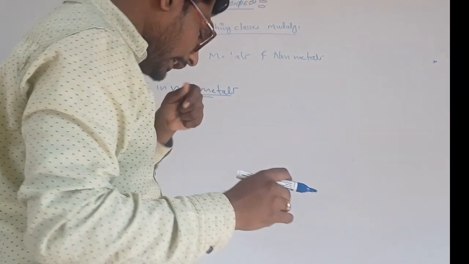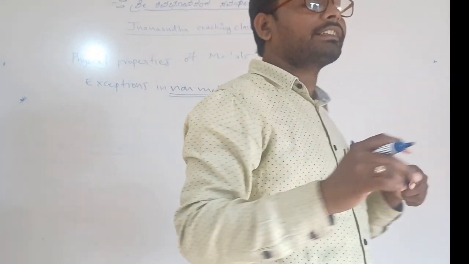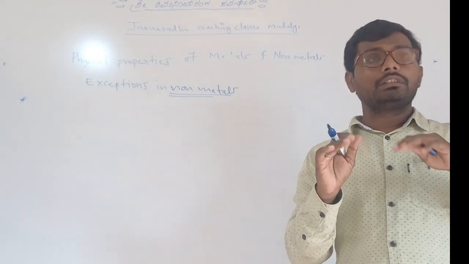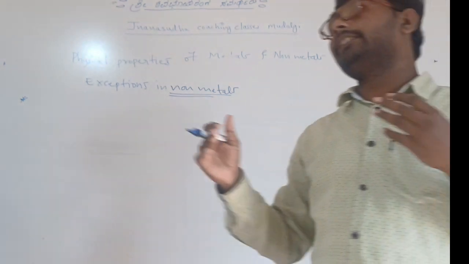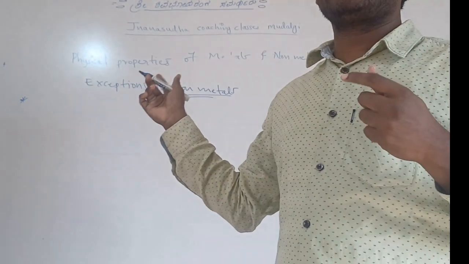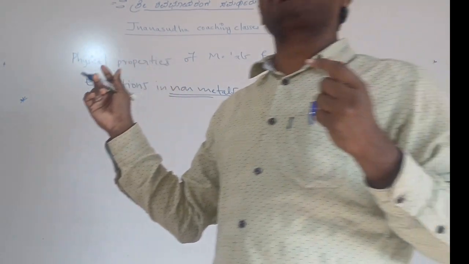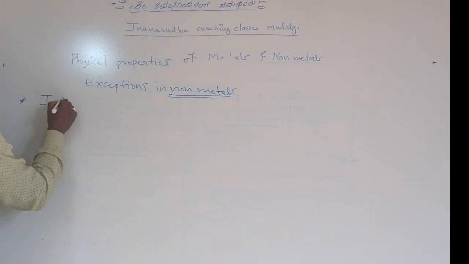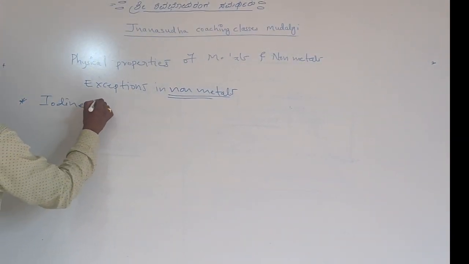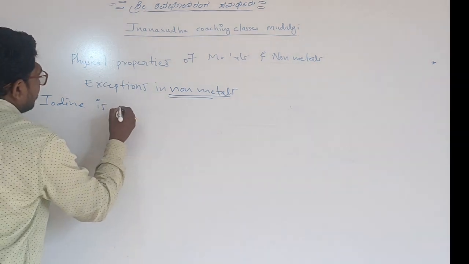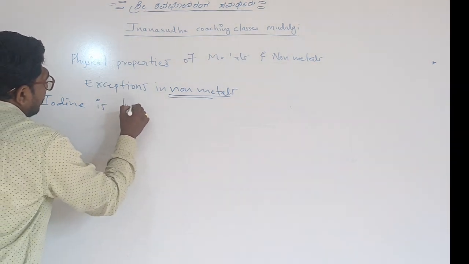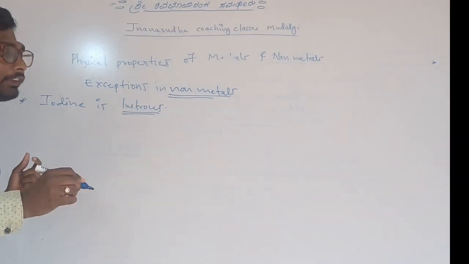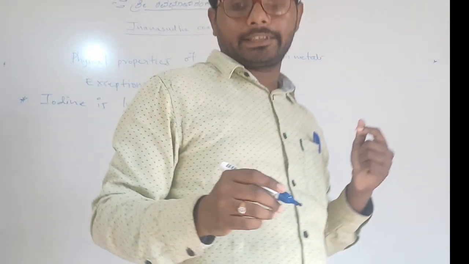Almost all non-metals are not lustrous, meaning they do not shine. In this case, one non-metal can have lustrous properties, and that is iodine. Iodine is lustrous, meaning it has shiny properties.